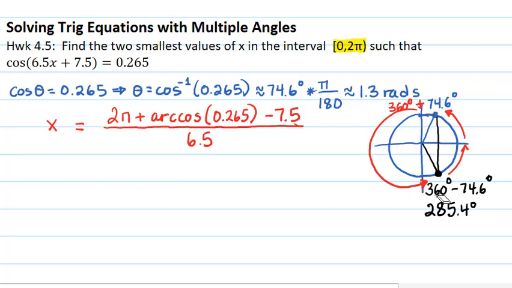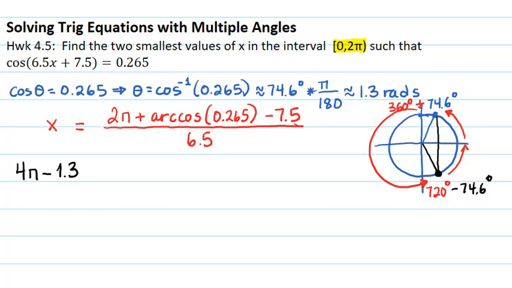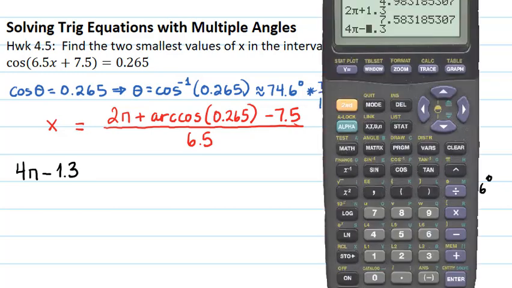In quadrant 4, this angle is approximately 2 circles minus 74.6, or in exact quantity, in radians, 4 pi minus the approximate 1.3 that we found earlier. And that is equal to 4 pi minus approximately 1.3 comes to almost 11.3.